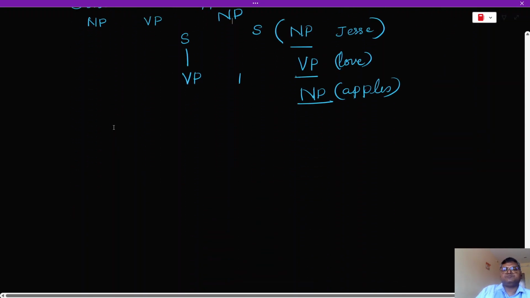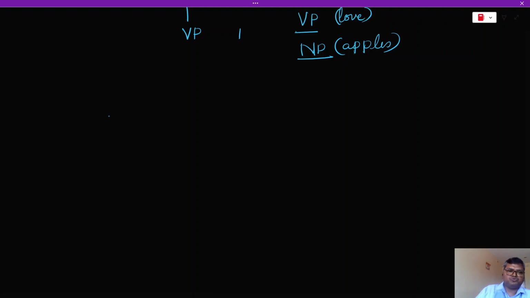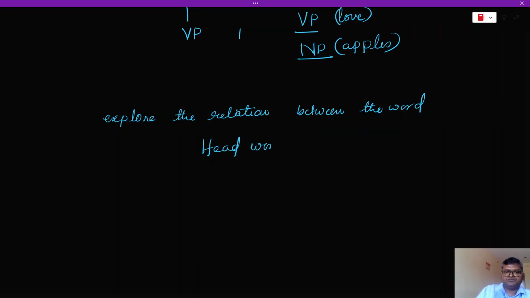In dependency tree bank, what we do is we explore the relation or the dependencies between the words. First, we'll see which is the head word. We'll choose one word as the head word and the remaining words as dependent words, dependents.